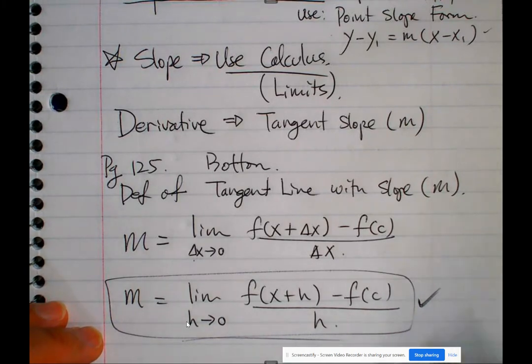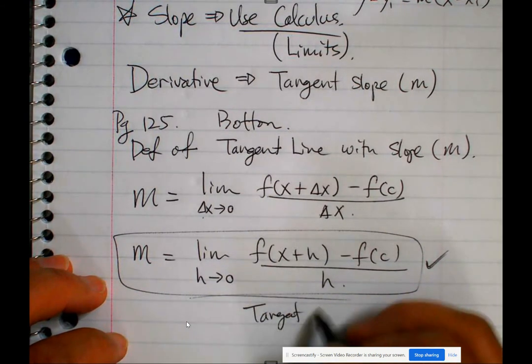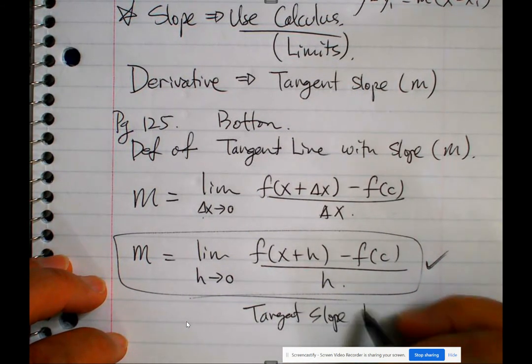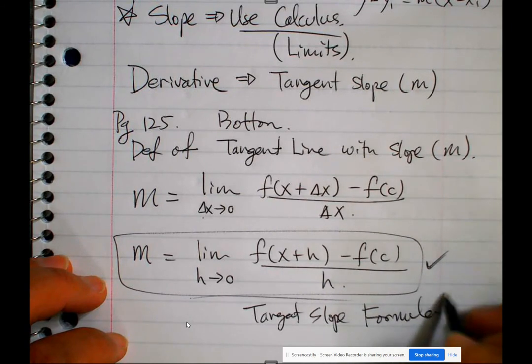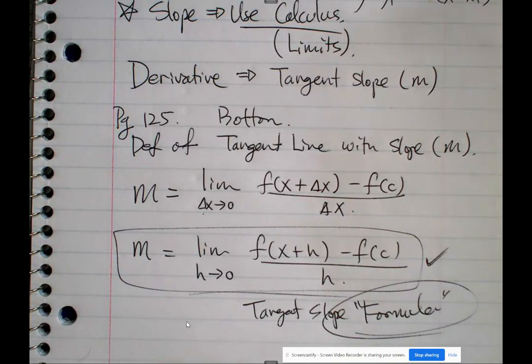Alright, so let me show you how to use this. This will give us the tangent slope formula. So we can use this formula to find any slope anywhere along the curve. Anywhere. So for that example, we're going to turn to example 1. No, I lied.